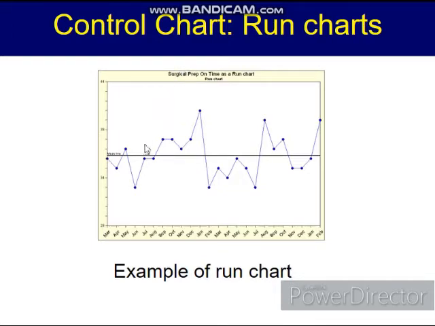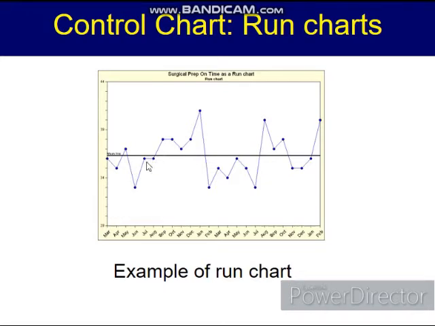They're tracking this as a function of time, and the time is in months. Maybe they average out the surgical preparation time taken for that one month and get one data point, and so on and so forth.